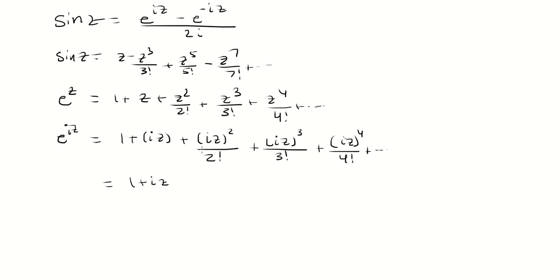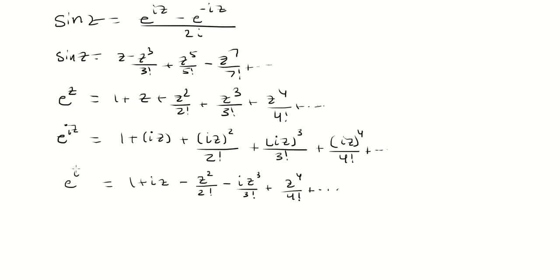And then we're going to simplify. So i squared is just negative 1. So this is negative z squared over 2 factorial. And then i cubed is negative i, and then z cubed over 3 factorial. i to the 4th is 1, so that's going to be z to the 4th over 4 factorial, etc.